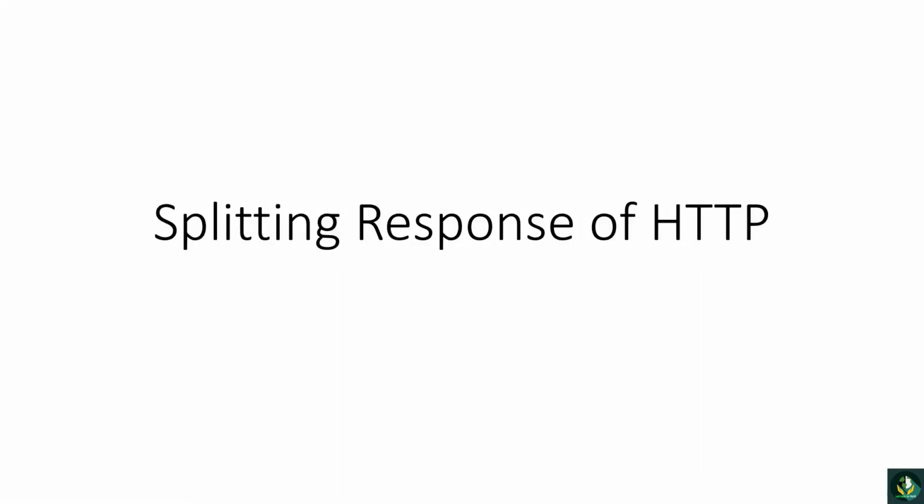In this lecture, we are going to be talking about HTTP response splitting. HTTP response splitting occurs when a web server fails to sanitize CR and LF characters before the data is included in outgoing HTTP headers.